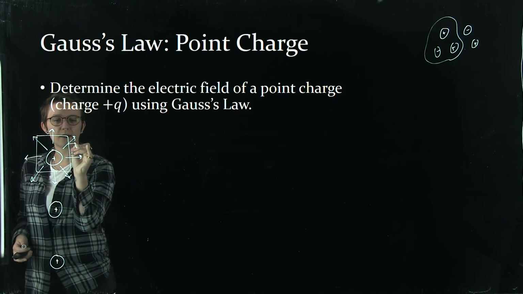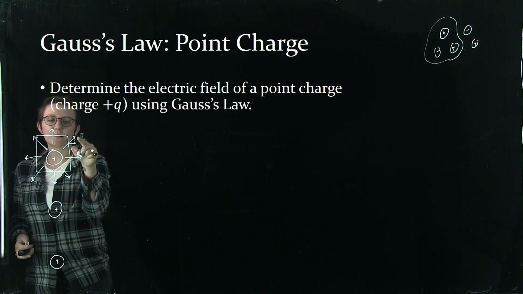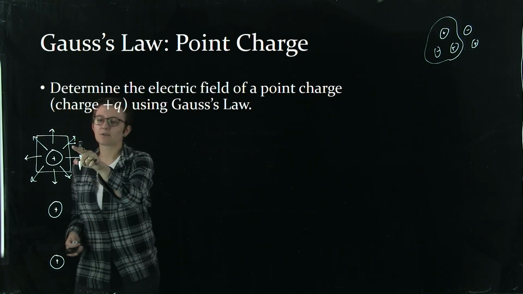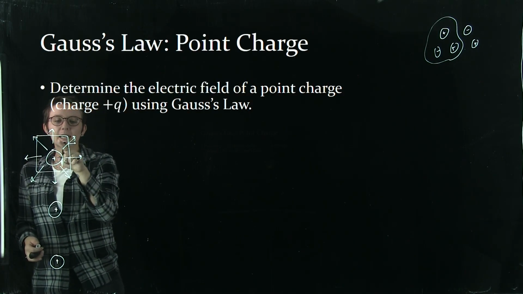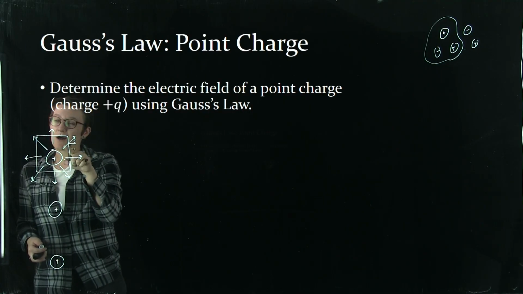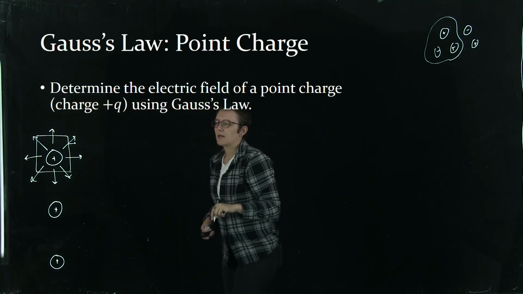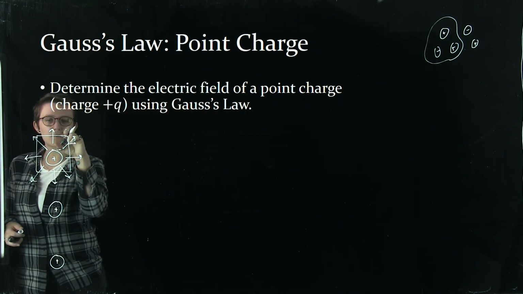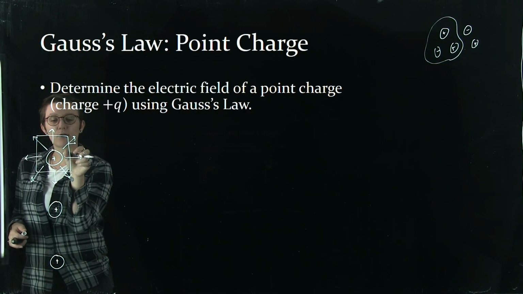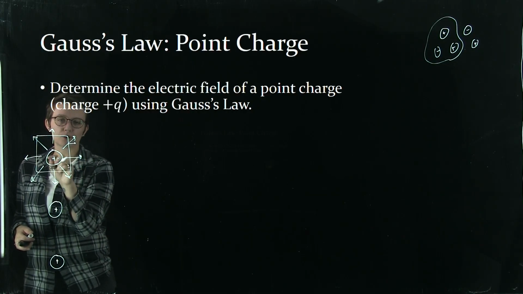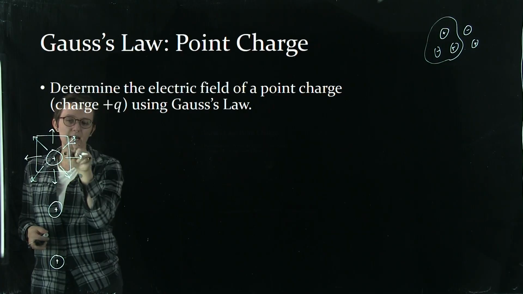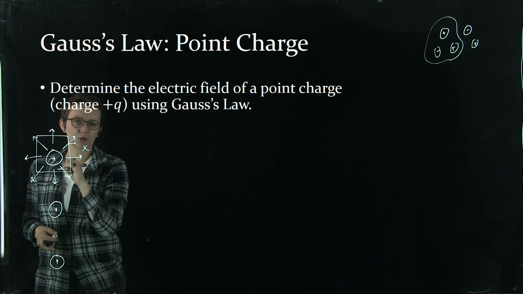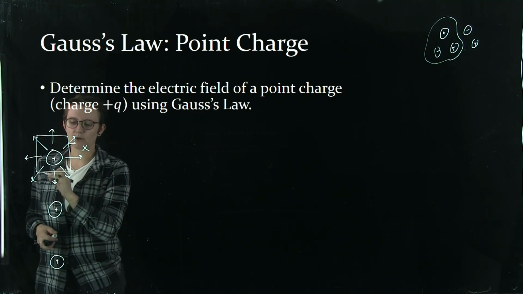The little local area element is right there, and that's not parallel to this area vector, to this electric field vector here, right? So my E and my A are parallel here, but they're not over here. So this would not be a good choice also because my electric field at these different points around my cube here are farther away or closer to the point charge in the middle. So my electric field is going to vary as I move around that cube. So this isn't a very good choice. I'm not going to choose a cube for my Gaussian surface for a point charge.